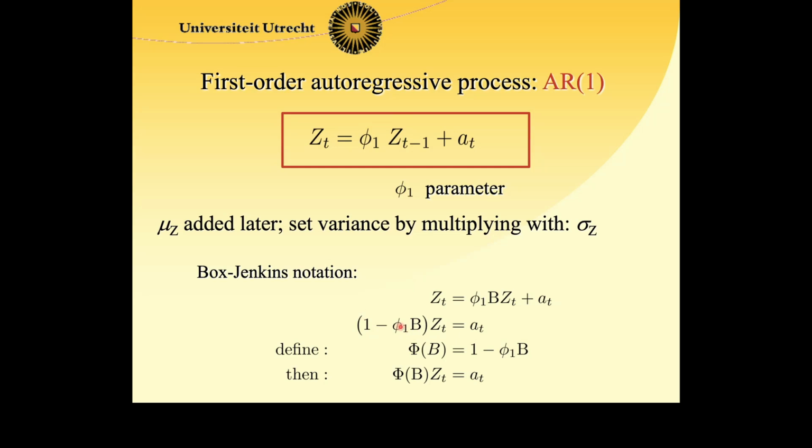So we get (1 minus phi1 B) Zt is equal to At. And if we define this function, capital Phi as a function of B, as 1 minus phi1 B, it's a polynomial in B, then this is the shorthand notation of this specific model.